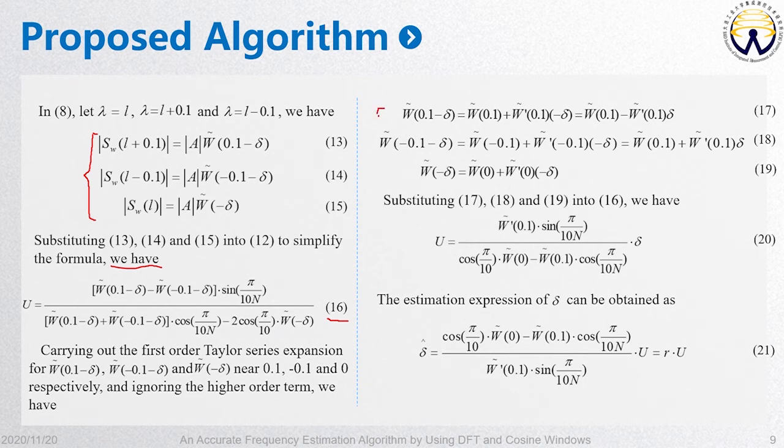Substituting Formulas 17, 18, and 19 into Formula 16 to simplify, we have Formula 20. The estimation expression of delta can be obtained as Formula 21.